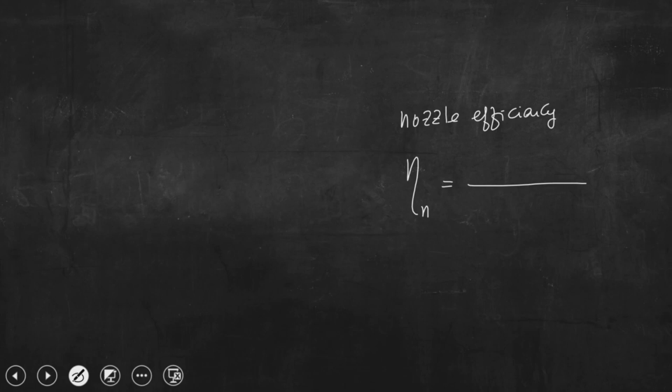In other words, the actual gain in kinetic energy over that due to the isentropic process. So, basically it is H1 minus H2 prime divided by H1 minus H2.